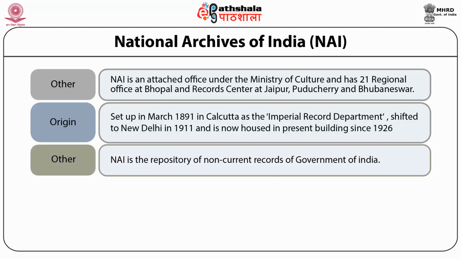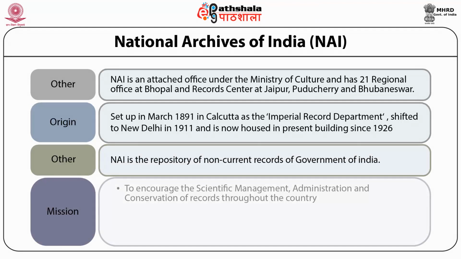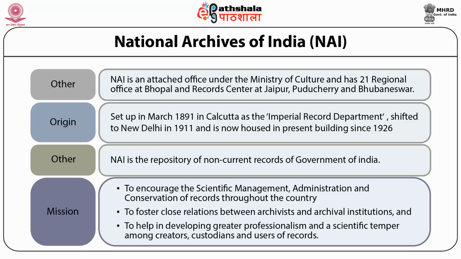NAI is the repository of non-current records of Government of India. Its mission is to encourage the scientific management, administration and conservation of records throughout the country, to foster close relations between archivists and archival institutions, and to help in developing greater professionalism and a scientific temper among creators, custodians and users of records.